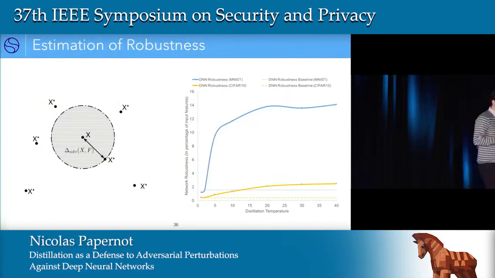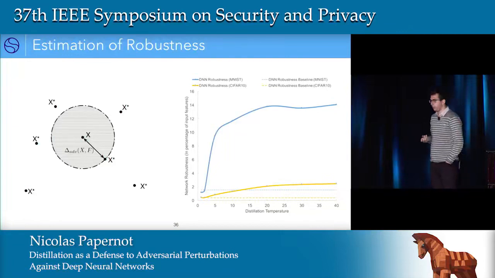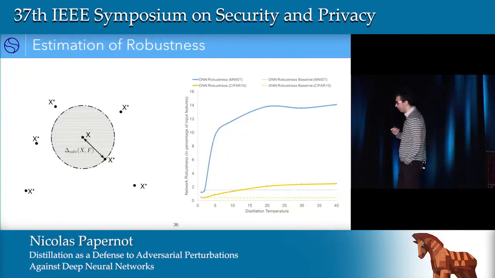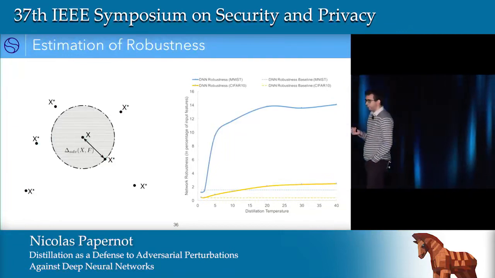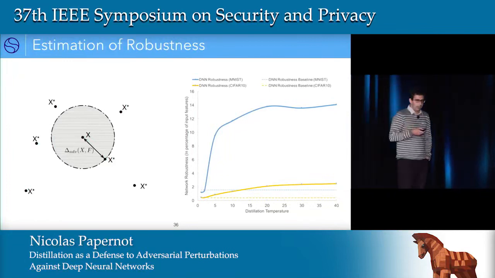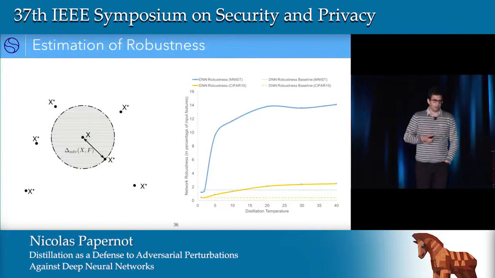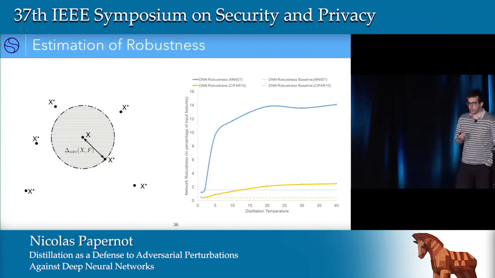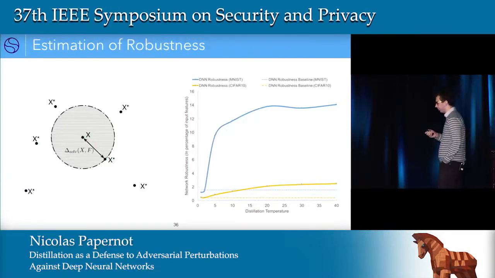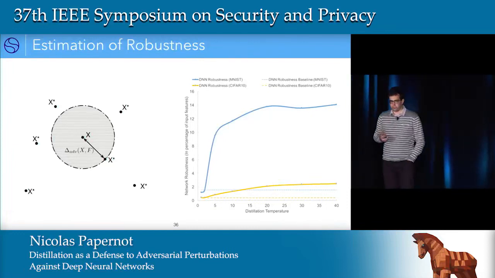And we estimated the robustness because it is not possible to compute it exactly. So what we did empirically is we considered the test set for each data set, and we computed all possible adversarial targets for each input, and we identified the smallest perturbation which achieves misclassification in any class that's different from the legitimate class.